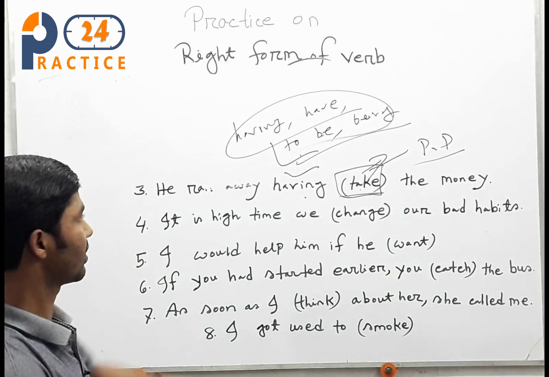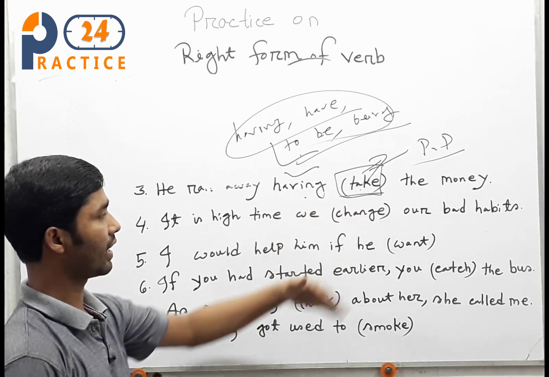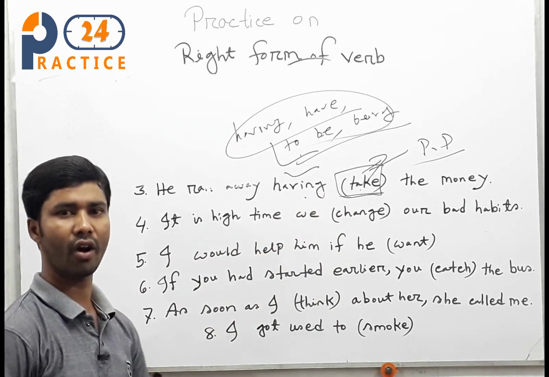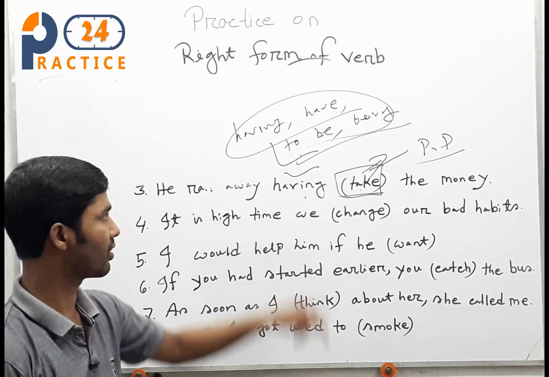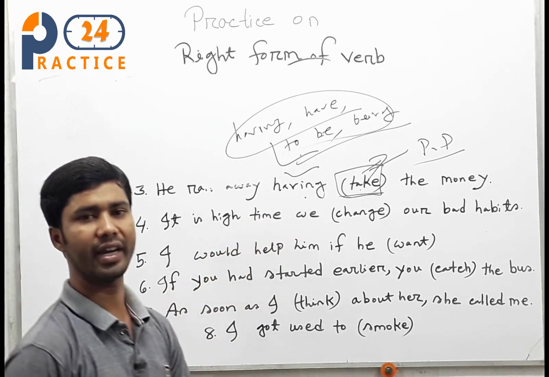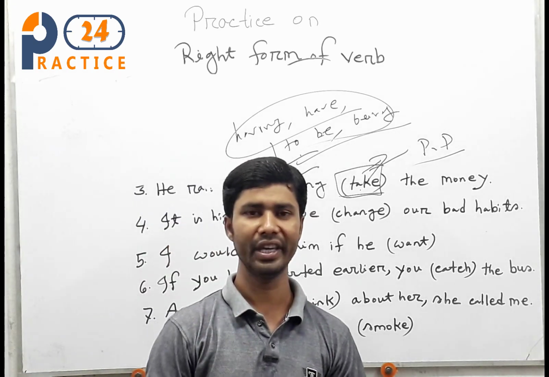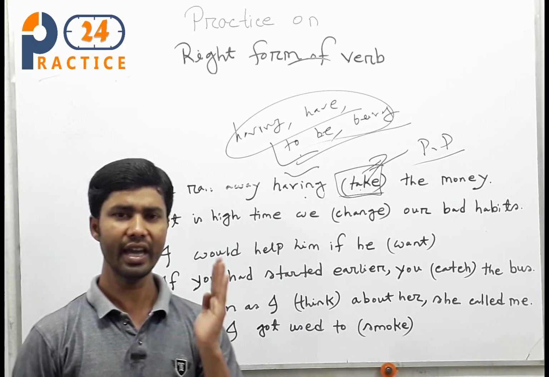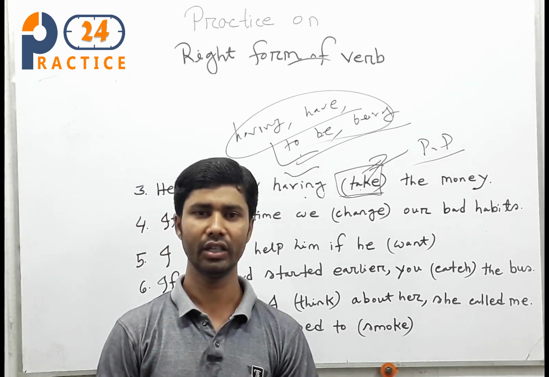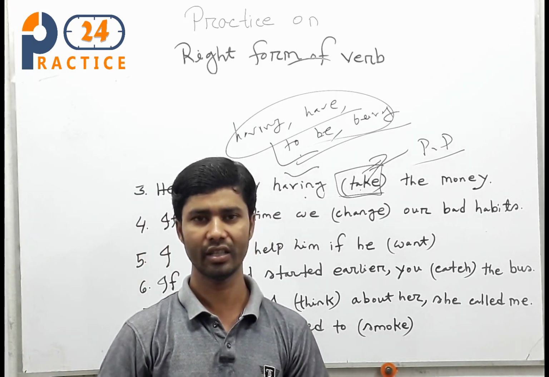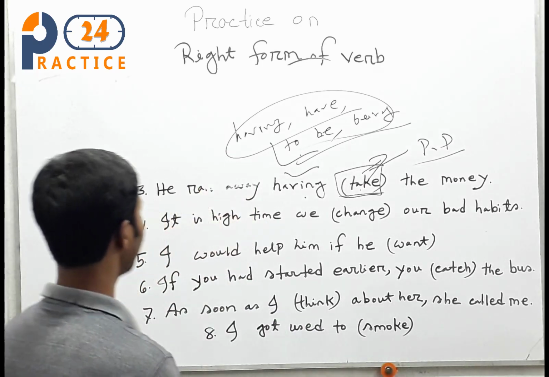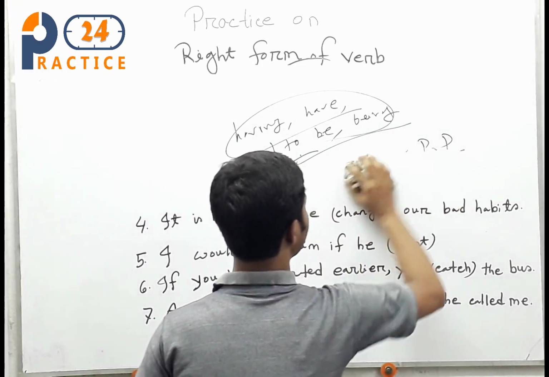So what will be the answer of the sentence? Take, took, taken: taken is the answer. Why is taken the answer? That is because having is here. If you find being, having, to be in any sentence before the verb, then your verb must be in past participle form. Okay, now move on to our next example.